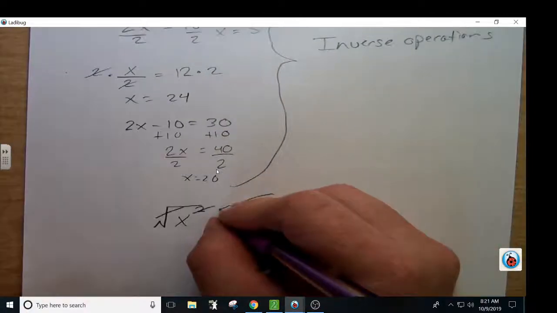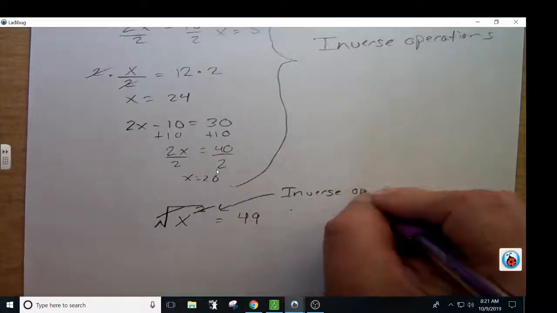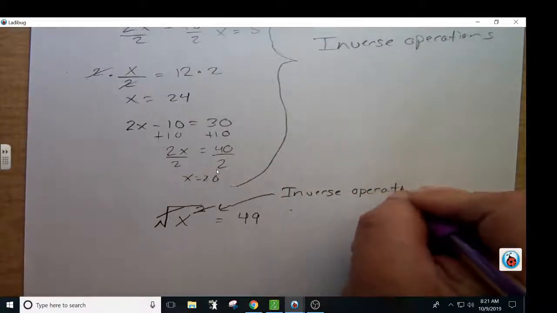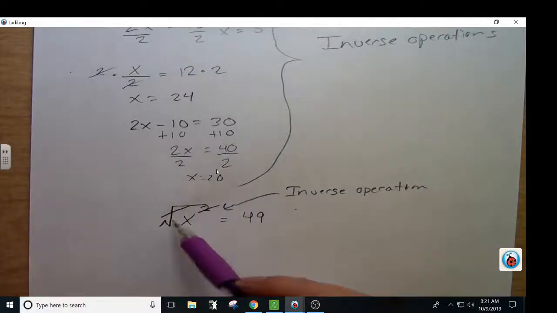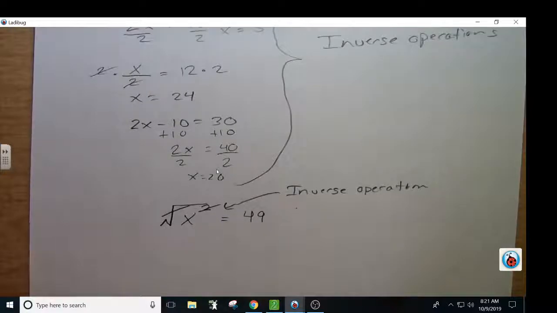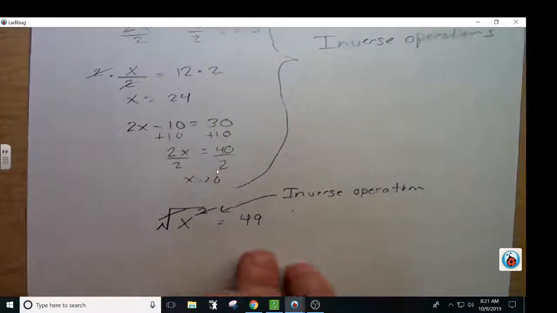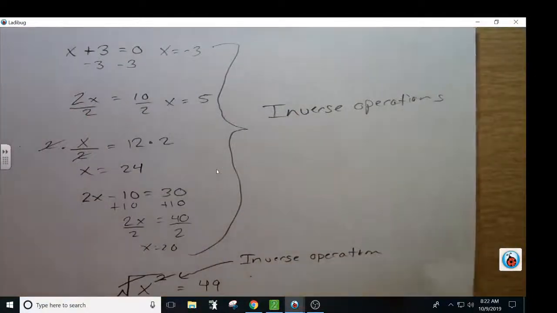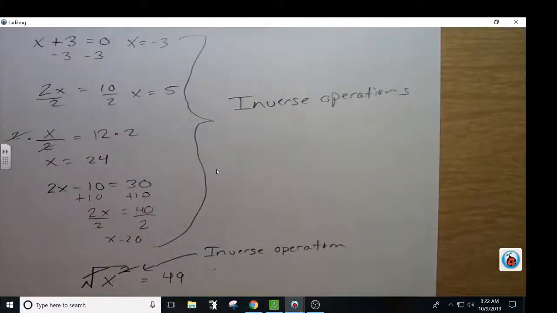This is also an inverse operation. We'll talk about other ones probably next week. So that being said, guys, we're going to use a lot of these inverse operations today, especially the one with the square root. So just keep that in mind.